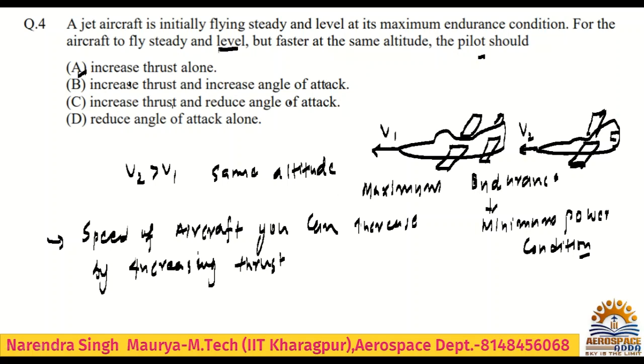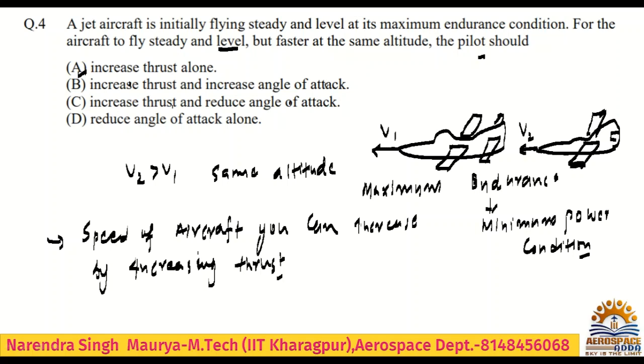If you increase the speed of the aircraft by increasing the thrust, meaning you provide more throttle to the engine, then obviously the aircraft will accelerate. But you have to maintain the aircraft at the same level.